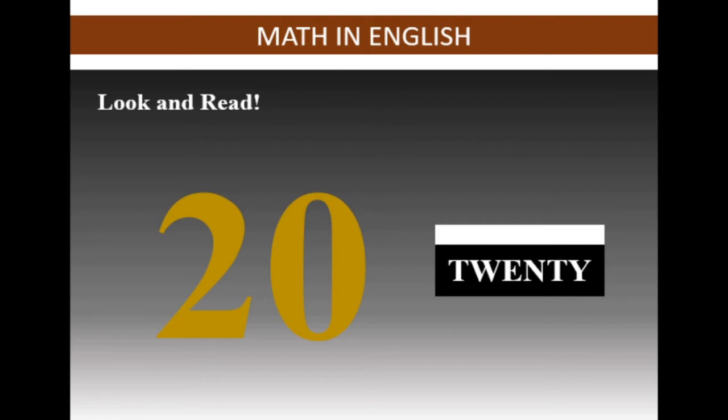Again, we are counting by tens. Next, we have what number? Okay, 30. Listen carefully. How do you say it? 30. Okay, very well said. Let's spell 30. T-H-I-R-T-Y. 30.